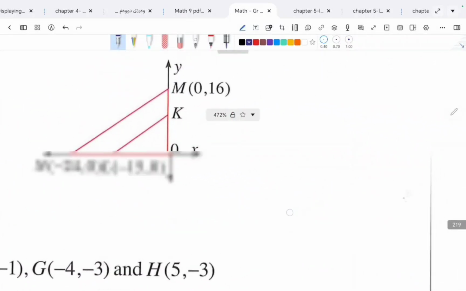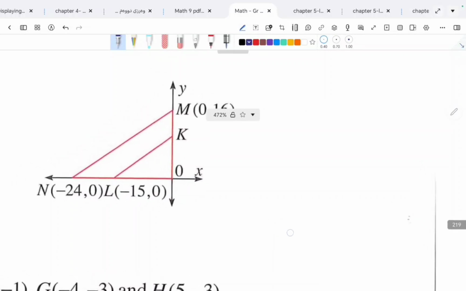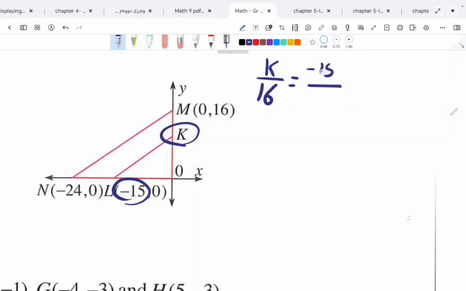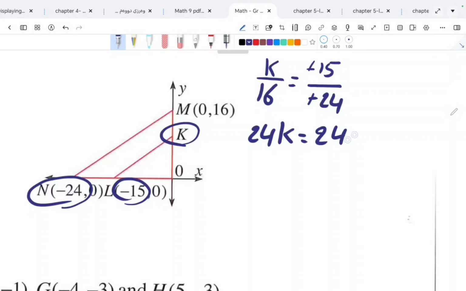About this question, how to find it? Again, k is missing. We will say k out of 16 is equal to 15, negative 15 out of negative 24. Negative, negative, again, they cancel each other. So 24 times k, it will be 24k. 15 times 16, it's 240.